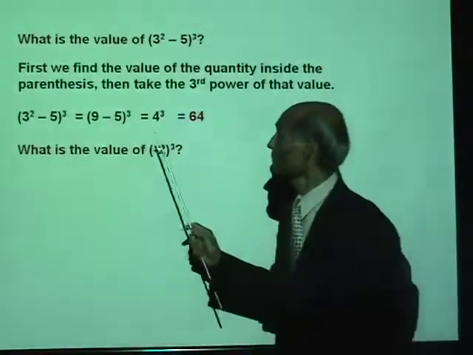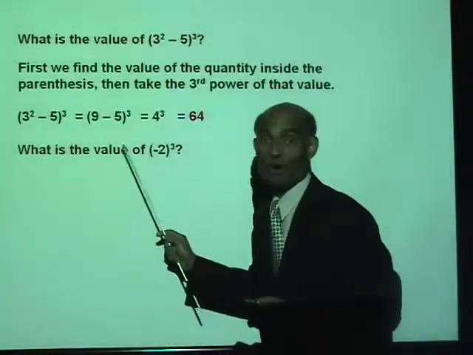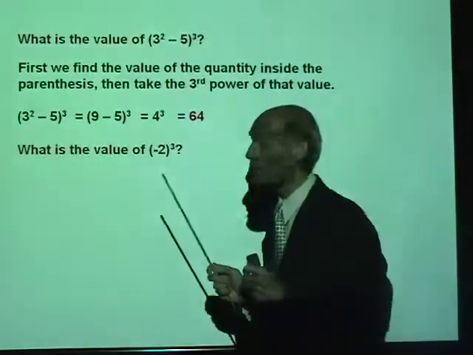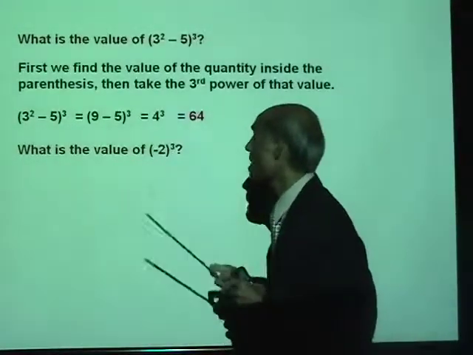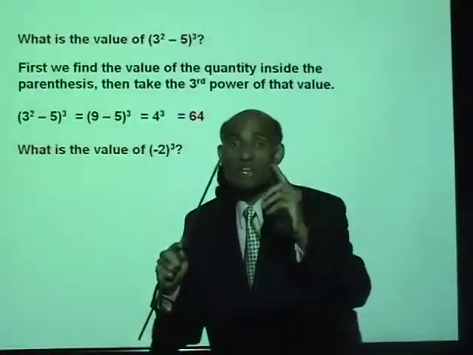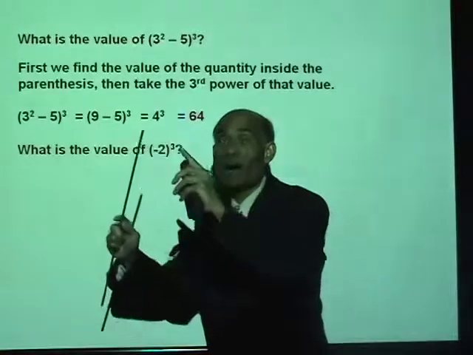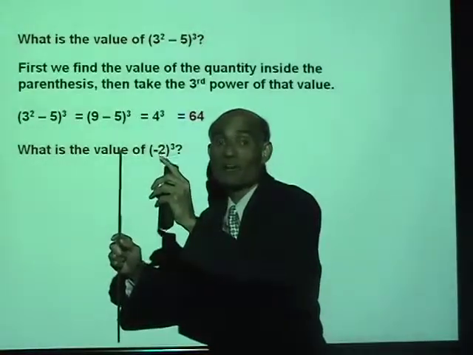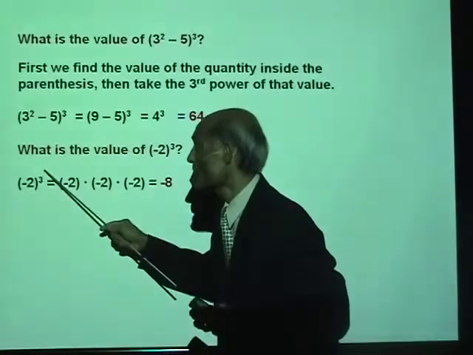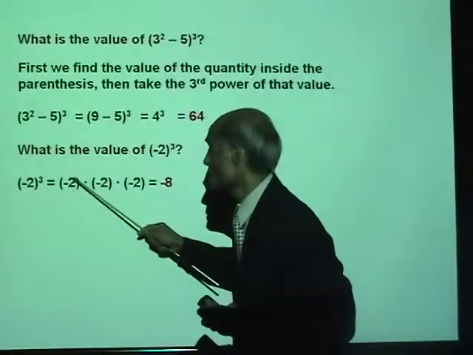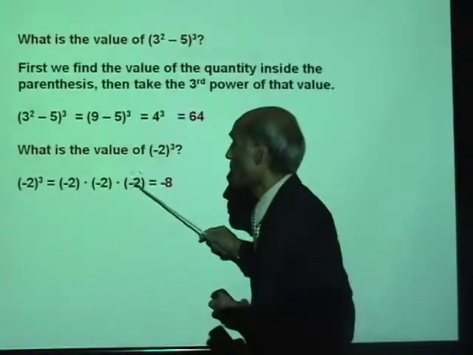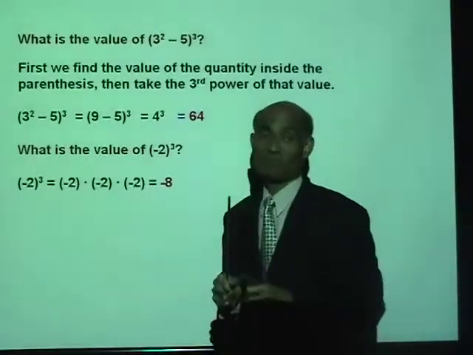Okay, one more. What is the value of negative 2, look at the parentheses, negative 2 raised to the power of 3? What does that mean? Multiply negative 2 3 times by itself. Alright, so negative 2 raised to the power of 3 is negative 2 multiplied by negative 2 multiplied by negative 2.